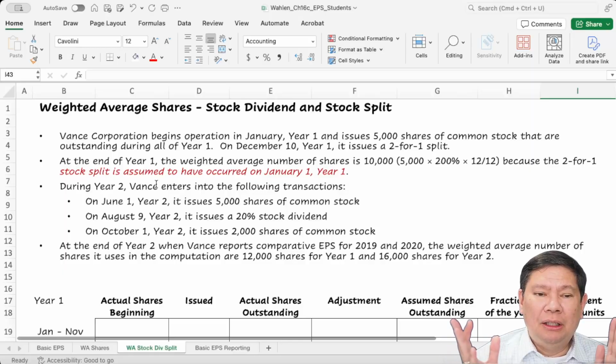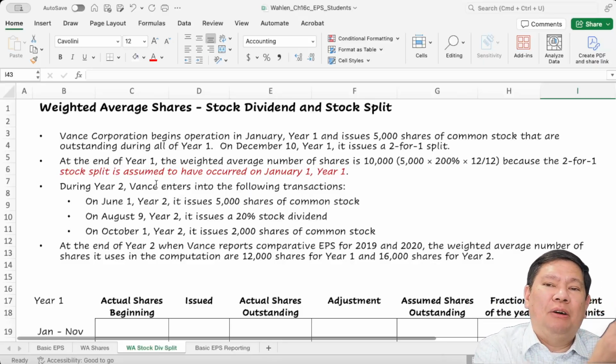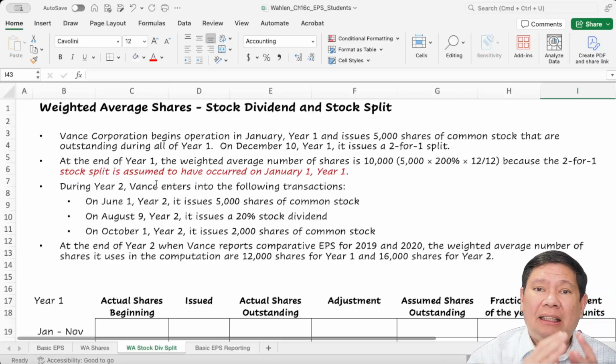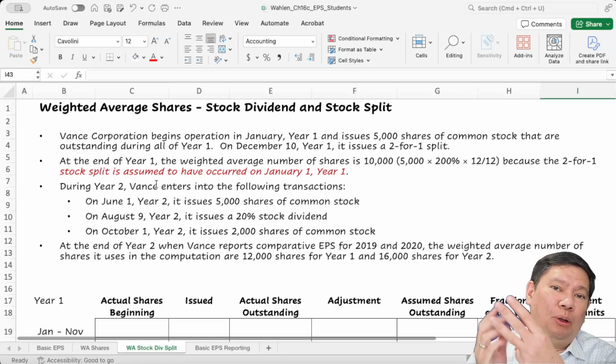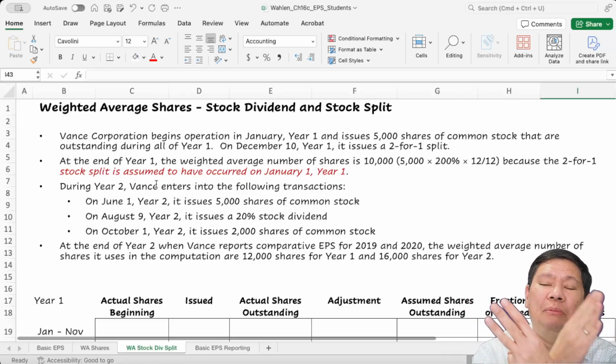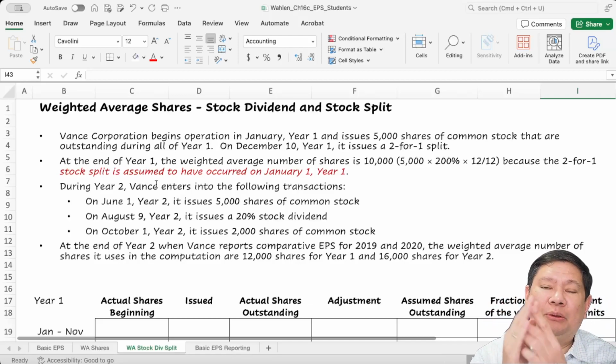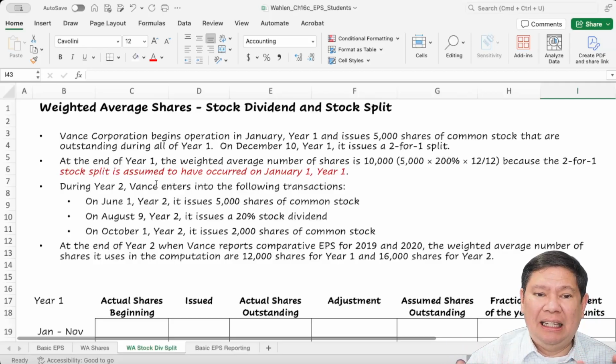So what the company needs to do is to move backward to the beginning of the earliest year that is reported. Let's say the company reports X1, X2, and X3. They will have to move backward to the beginning of year one to calculate the weighted average shares outstanding with the stock dividend and stock split.